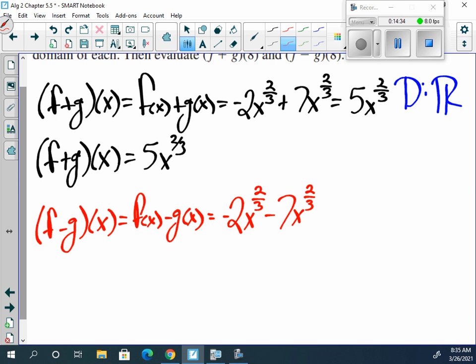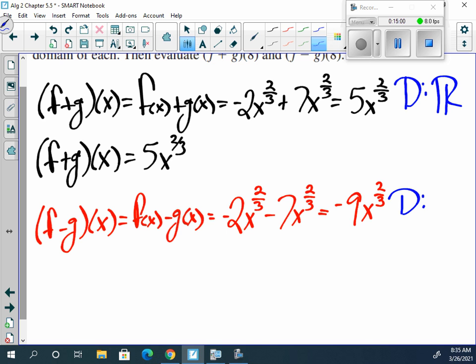We'll replace g of x with 7x to the 2/3. And with our subtraction, we get negative 2x to the 2/3 minus 7x to the 2/3, which would give us negative 9x to the 2/3. Questions on this here?